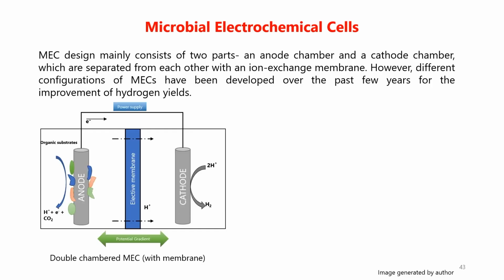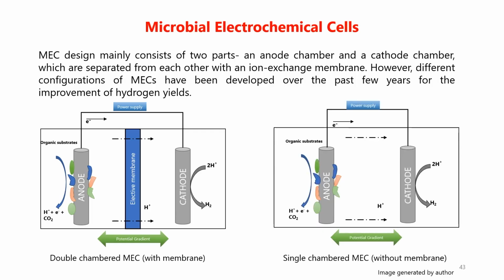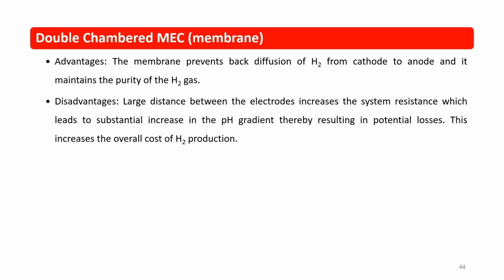This is the double chambered microbial electrolysis cell with a membrane, and this is a single chambered microbial electrolysis cell without a membrane. In the double chambered MEC, we have certain advantages, like the membrane prevents back diffusion of hydrogen from cathode to anode, and it maintains the purity of the hydrogen gas.